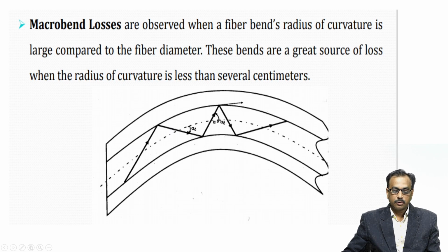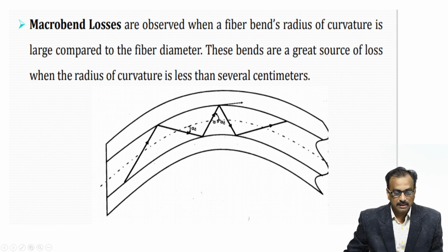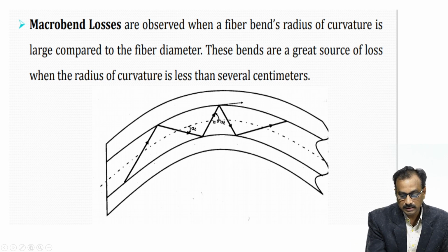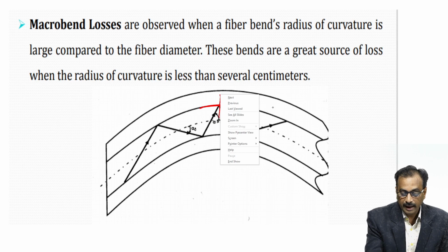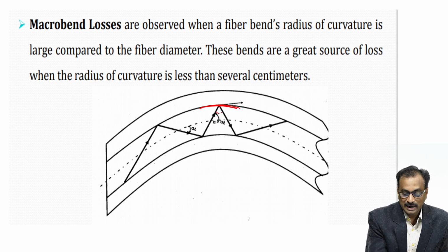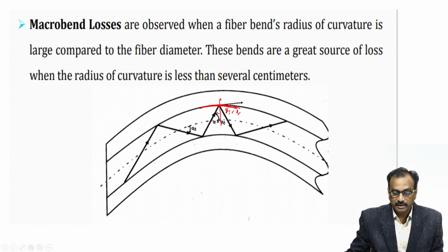Now, macroscopic bend. Suppose this is the optical fiber, and it bends more at this area, so the curvature is more. Whenever the light ray is incident on the bent area, the angle of incidence is less than the critical angle at the core cladding interface.